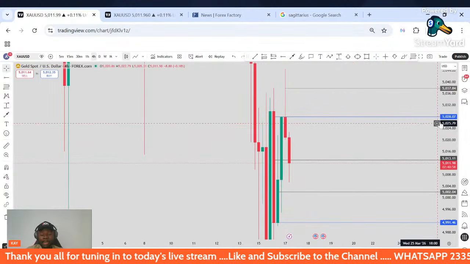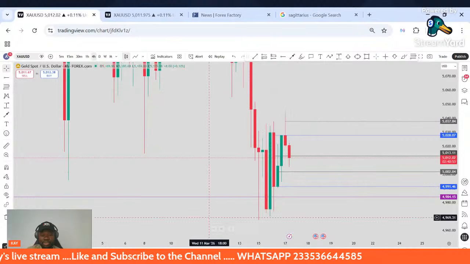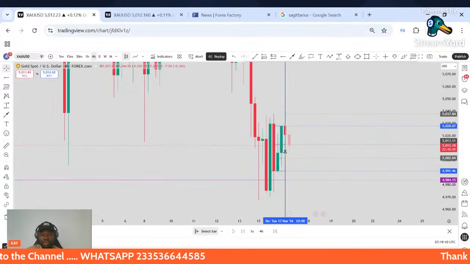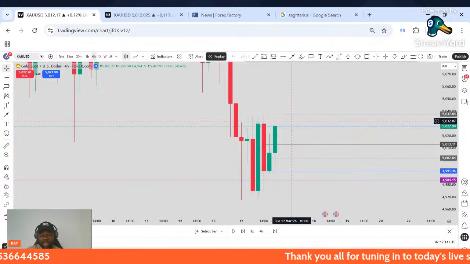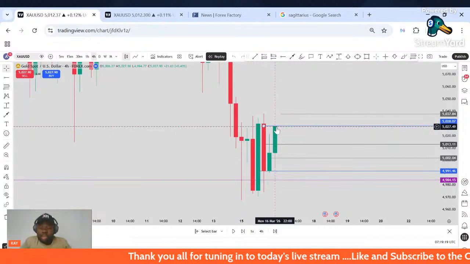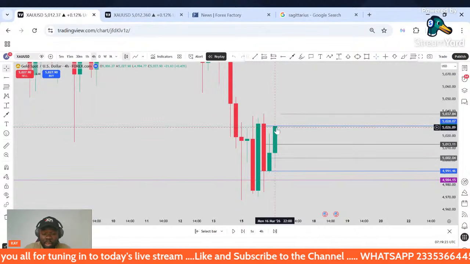So let's see how, with the Asian session, you would have executed this trade. Price was already in an uptrend, and what happened was the previous candle never closed with a wick.